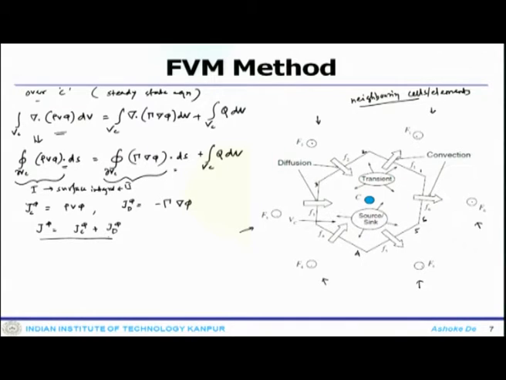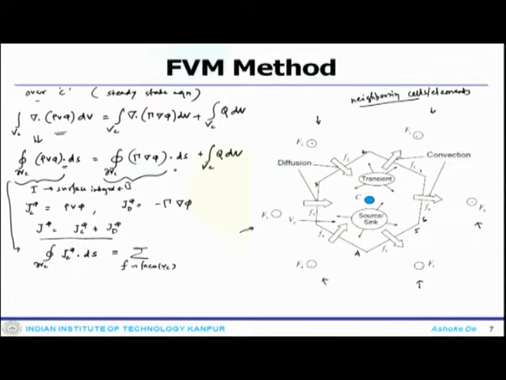Now, over this particular cell C, if I integrate these fluxes from this equation, my first term, the integral over the surface of the volume C of rho V phi dot ds, would now become a summation over f, the faces of that volume.